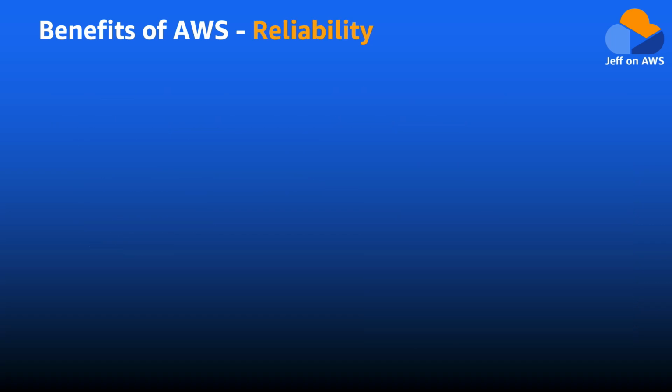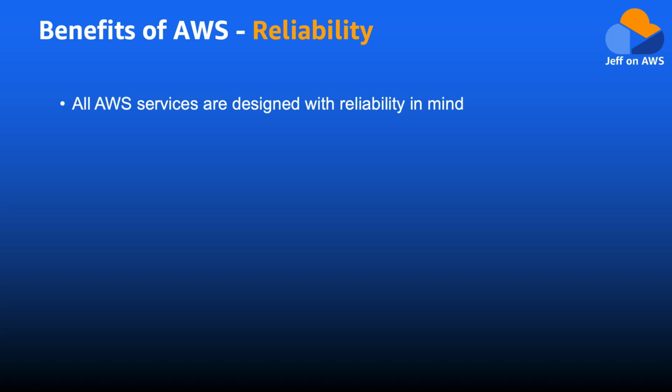Let's talk about reliability of AWS. And keep in mind that all AWS services are designed with reliability in mind. This is in contrast if you're building workloads and other solutions, applications on-prem, you have to design reliability as you build that out.